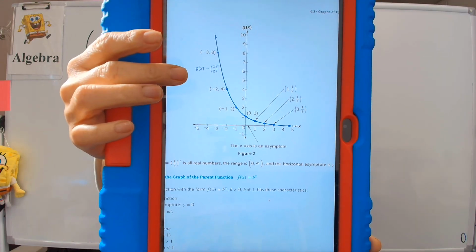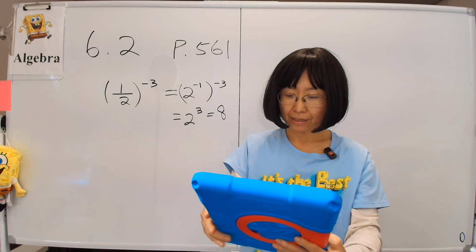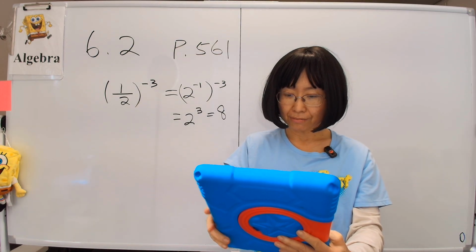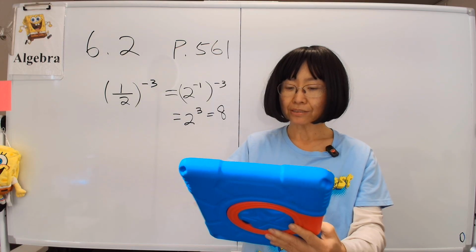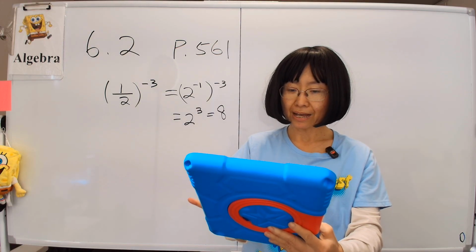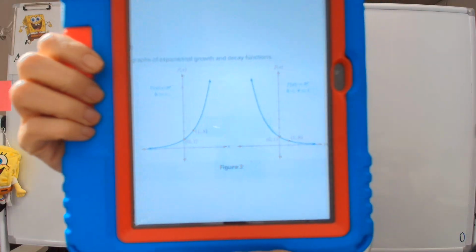So please graph this yourself as well, as well as the previous graph. All right, so the two graphs, as you can see, look similar and symmetrical. They just got flipped over.